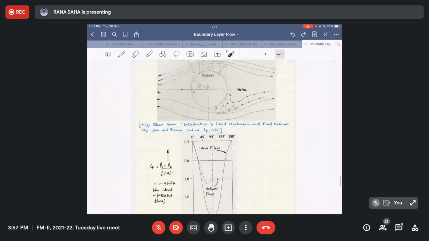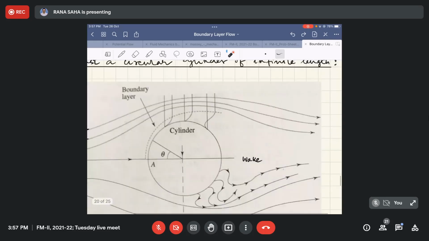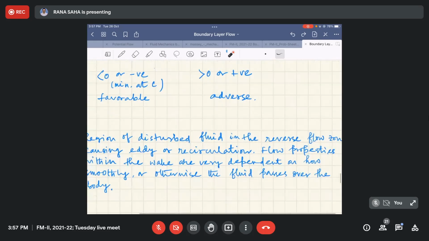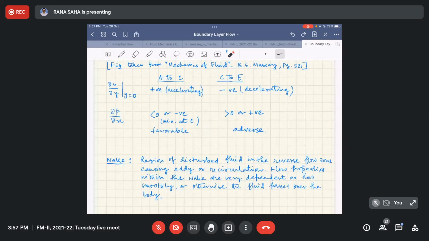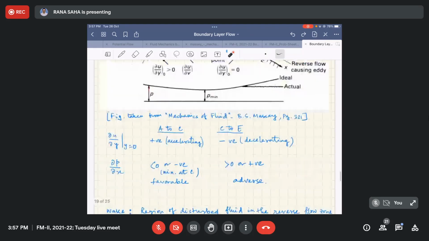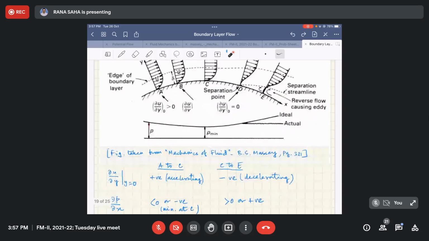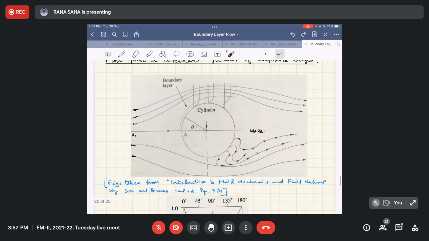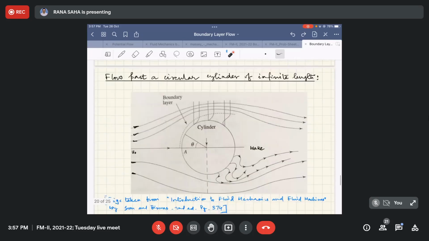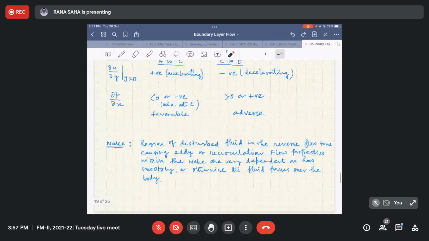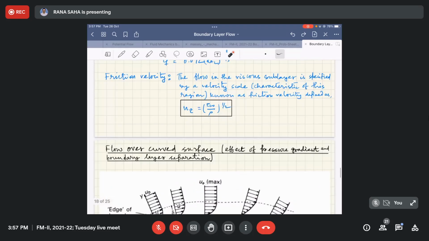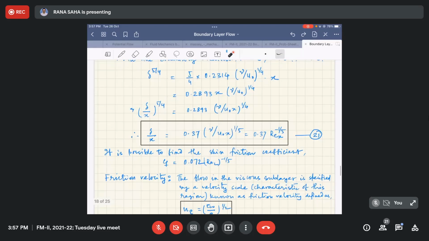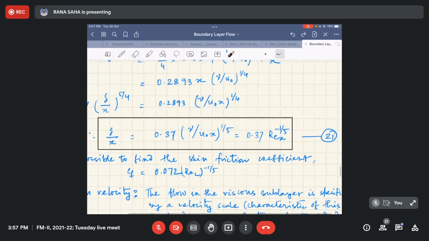So for the boundary layer, we have to do some statistical averaging. If it is turbulent, of course, you need some kind of statistical averaging. If it is laminar, analytically you can try, but for the turbulent situation, up to a certain level we had an analytical solution, this equation 21.